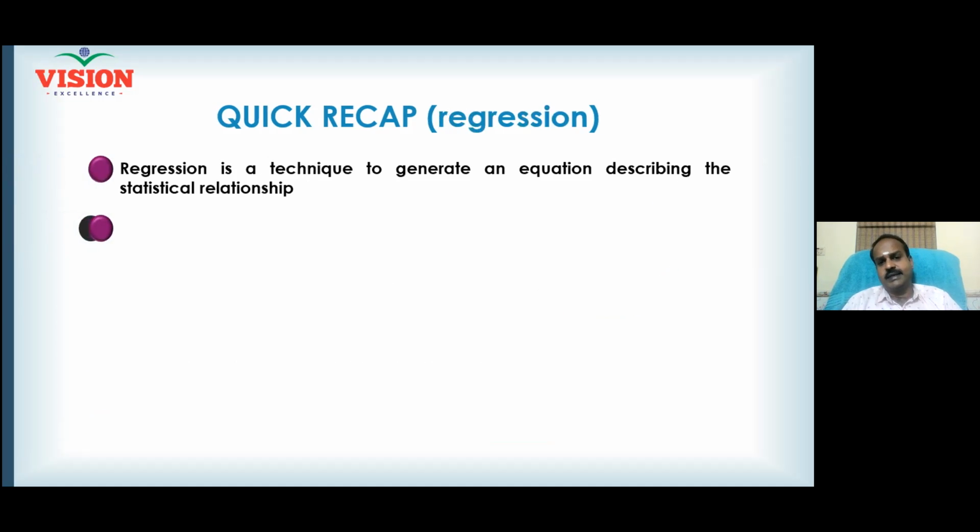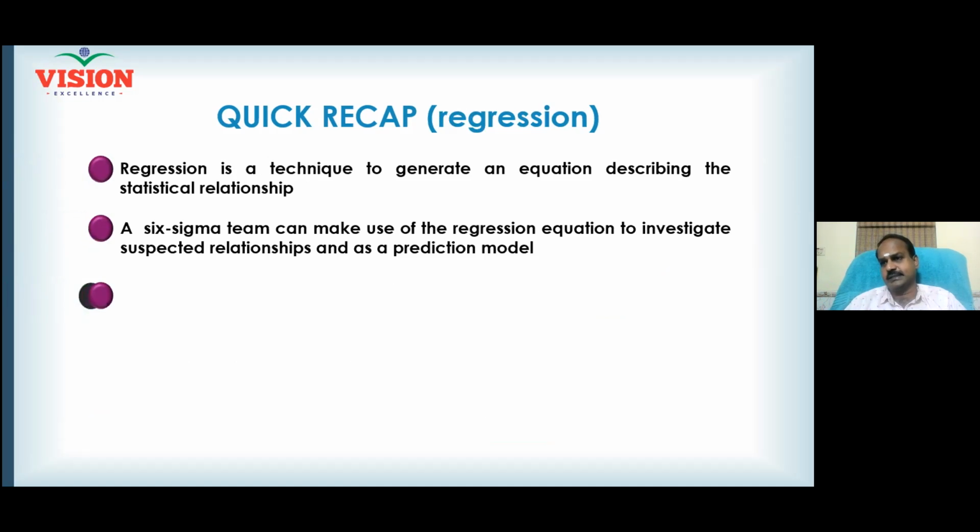Regression is a technique to generate a mathematical equation describing the statistical relationship. A Six Sigma team can make use of regression to investigate the suspected relationship. Use the equation as a prediction model if the predicted R square is higher than 80%.